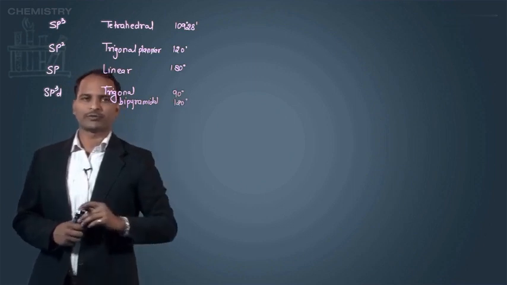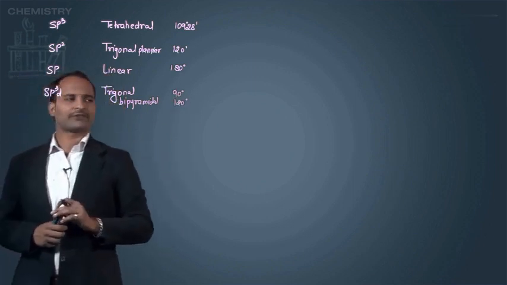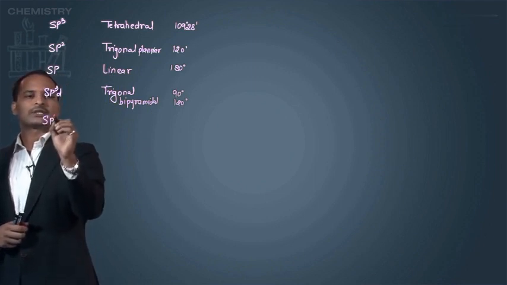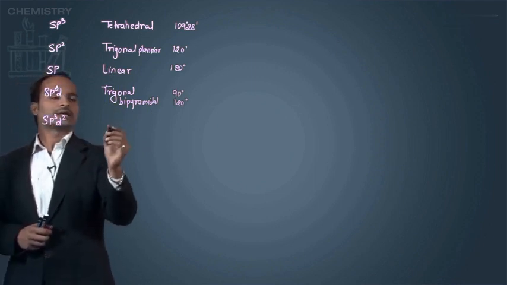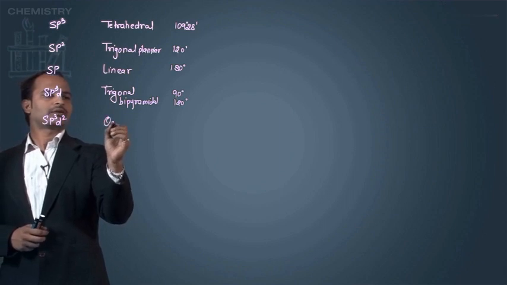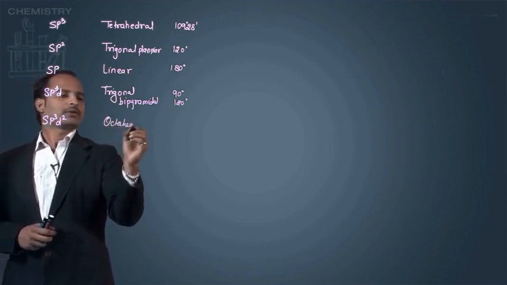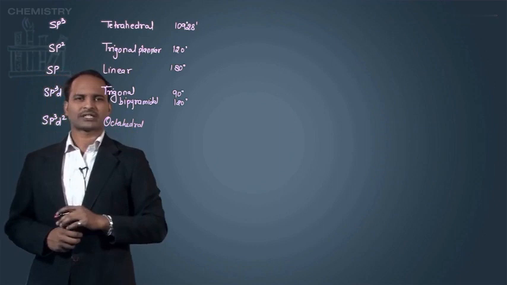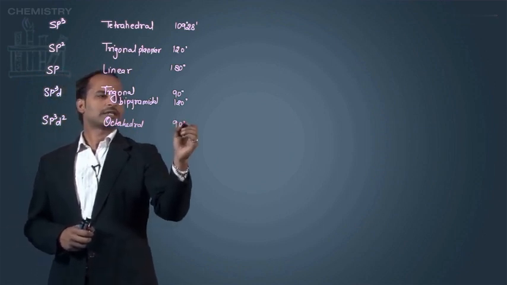There are 2 different types of bond angles, as we saw in the case of the PCl5 molecule. And if it is sp3d2 hybridization, then the geometry is octahedral. The example for this, we did the SF6 molecule. The bond angle is 90 degrees.